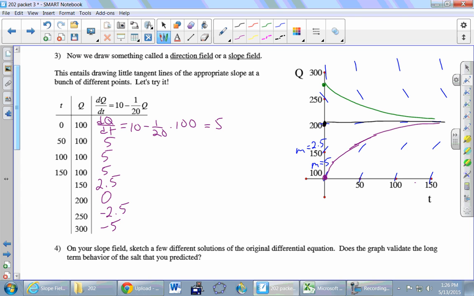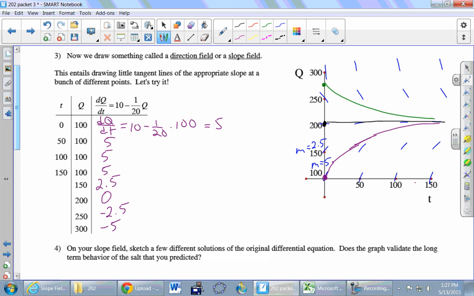And these are 3 different pictures of what might have happened with different initial conditions on our salty tank. If you start with not very much salt in the tank, with 100 pounds or 4 pounds, I think we started with, then you will increase slower and slower and hone in on the 200 long term. But if you started with an extremely salty tank, 250 plus pounds of salt in this tank, what's going to happen?